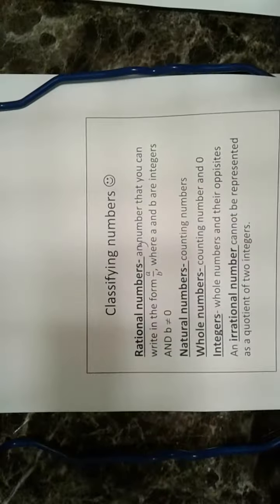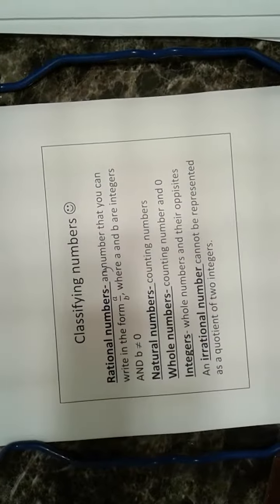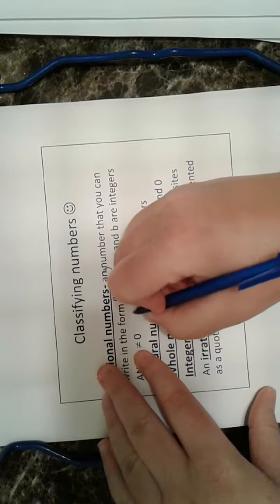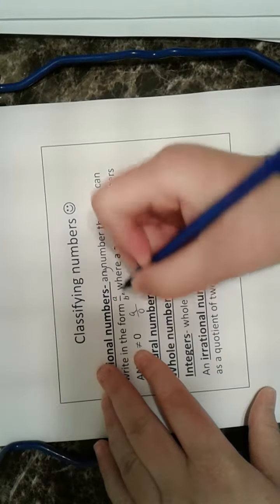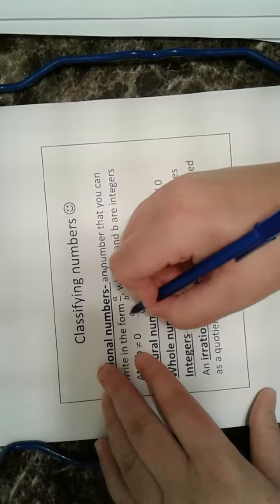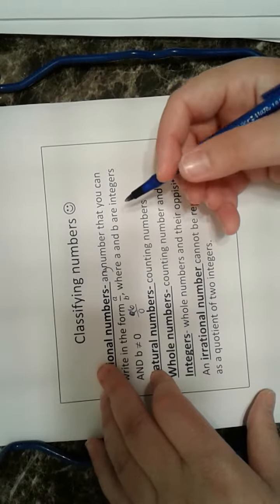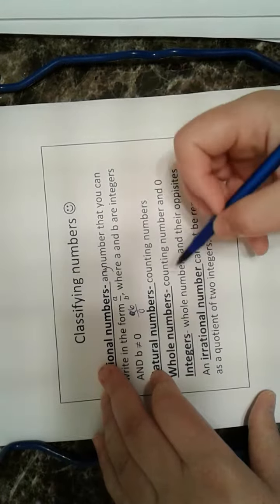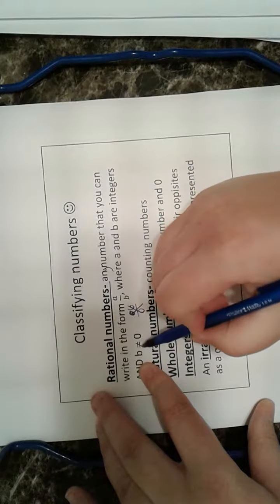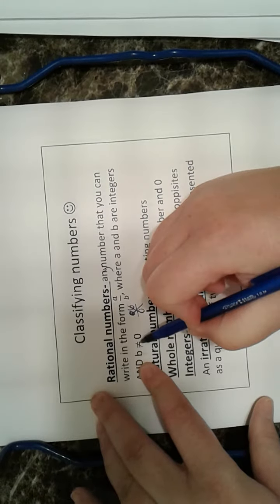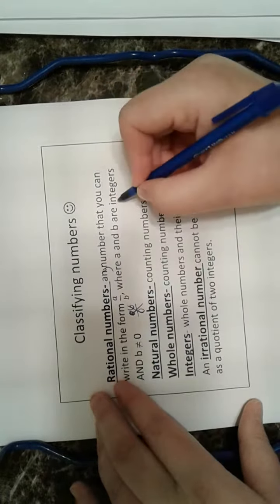Because if I were to put a over 0, or even let's say 6 over 0, is that possible? No, it's not. And you'll understand later on that we call this undefined when we talk about slope. But this is not possible. That's why they're saying b cannot be 0. And integers you're going to see here in just a little bit.